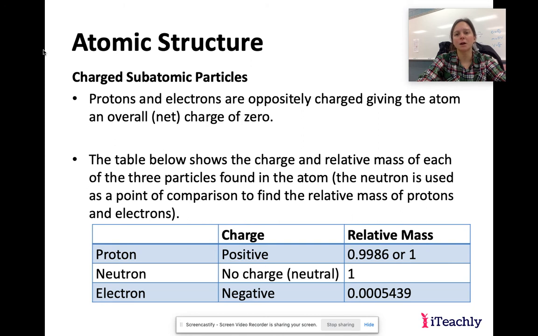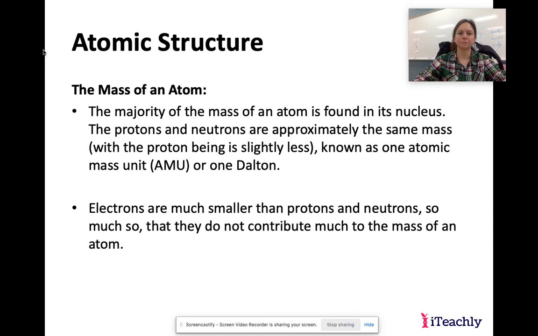Now, protons are 0.998 of a mass, and we call that an AMU, or 1 Dalton. A neutron also has 1 Dalton. Now, electrons are really, really tiny, so we usually ignore the mass of the electron because that number is so small.